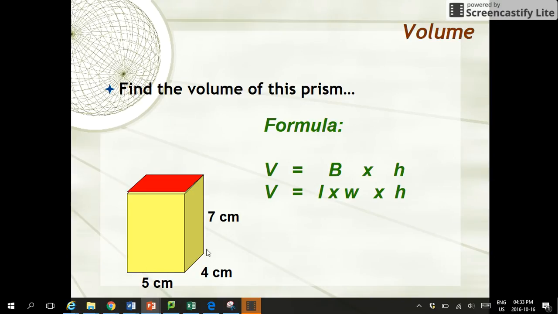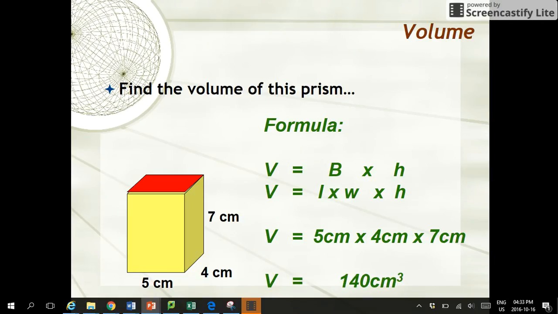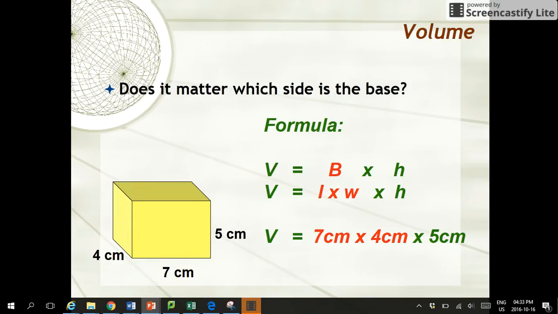Our base is 5 times 4. 5 times 4 gives us 20. Then we take that 20 and we multiply it by the height. So 20 times 7 is 140. So there you go. Your volume is 5 times 4 times 7, as in length times width times height. Or you could just do your base, so that'll be 20 times 7. And there you go. You get 140 centimeters cubed.